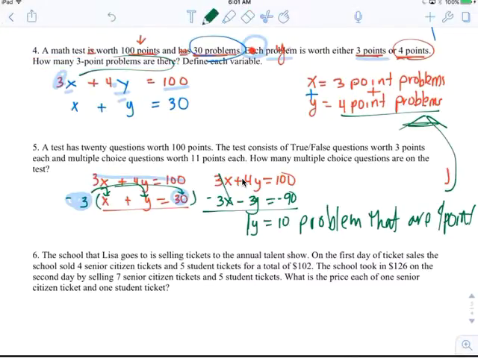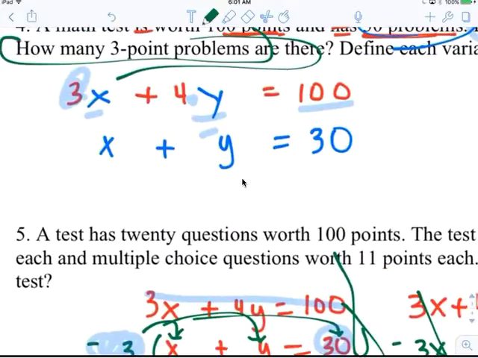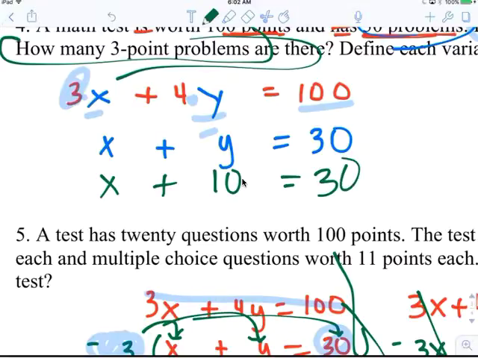So, if you know that there are, go back, oh my gosh, there are 10 4-point problems. Y plus x, and we have to have 30 problems. So therefore, use mental math. 10 plus what equals 30? 20.